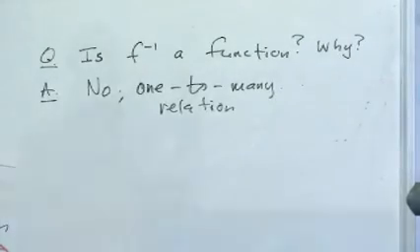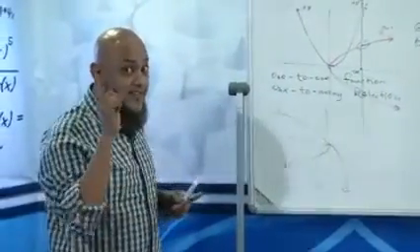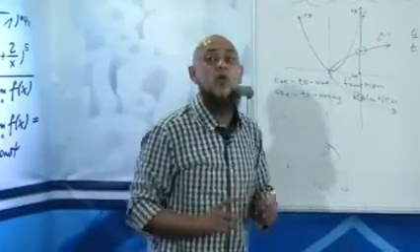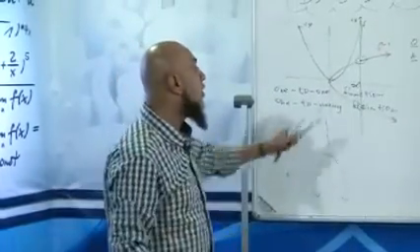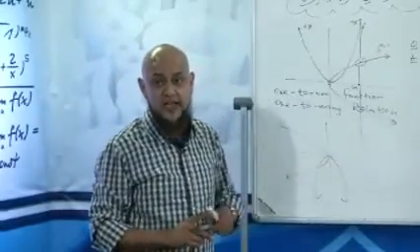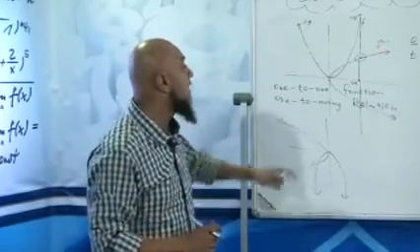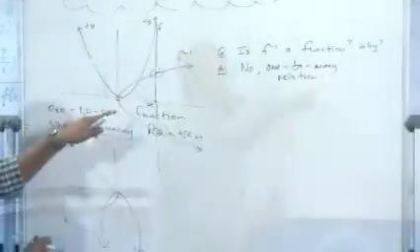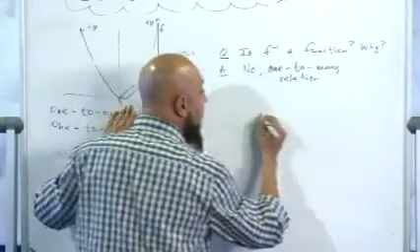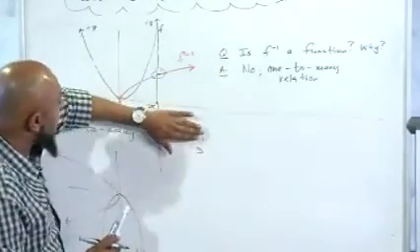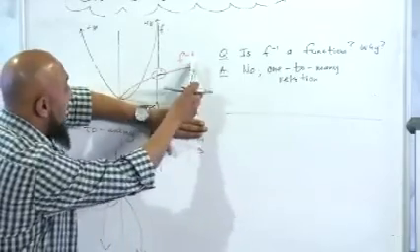This is another exam question: how would you restrict the domain in order to make f of minus 1 a function? If I close the bottom part of the inverse function, the top half is a function.